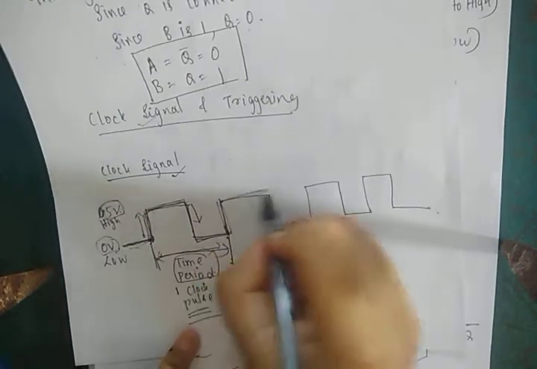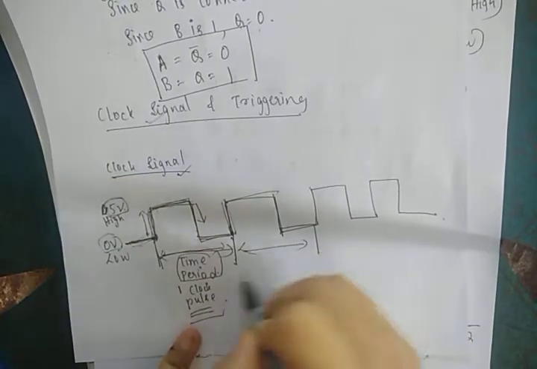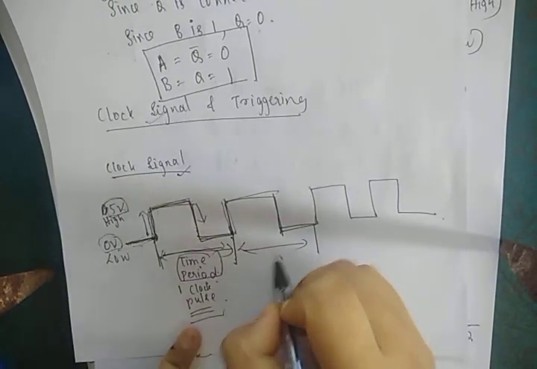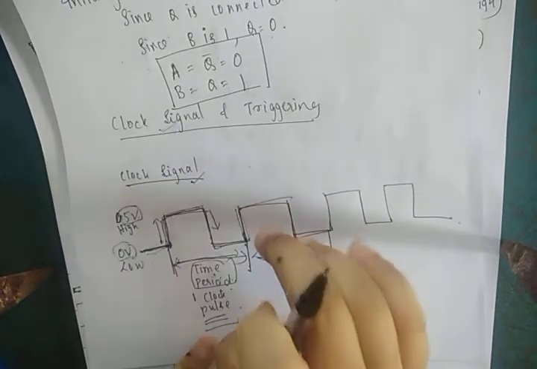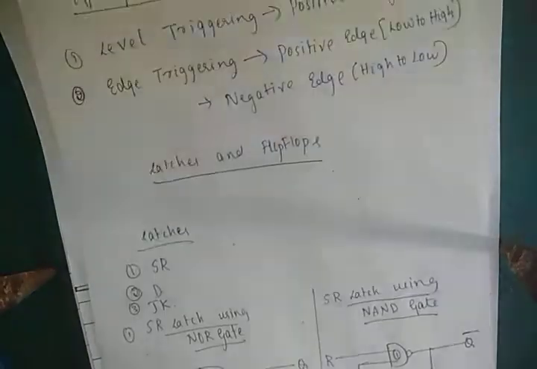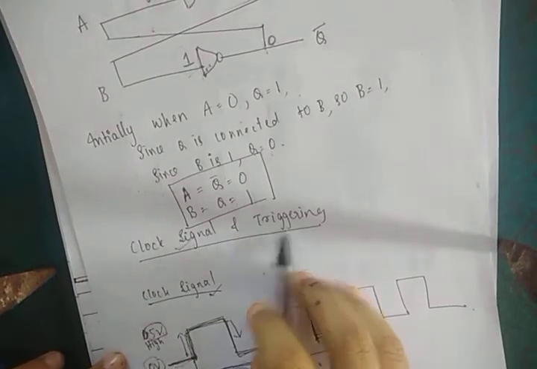Similarly again, one up, one down: second time period. This is the first clock pulse, this is the second, or the first time period, second time period. This is a clock signal. Now you know what a clock signal is. Now we'll go with the triggering.